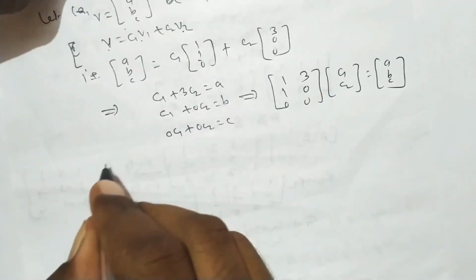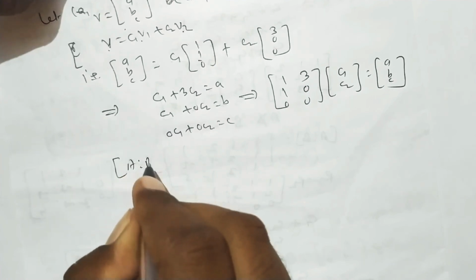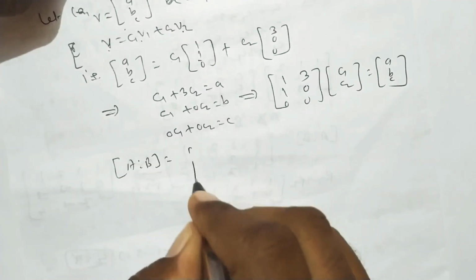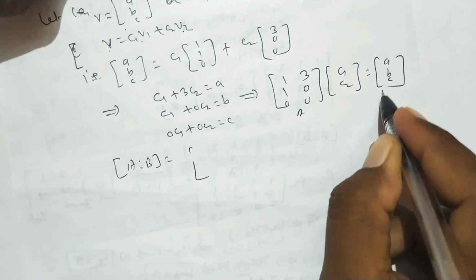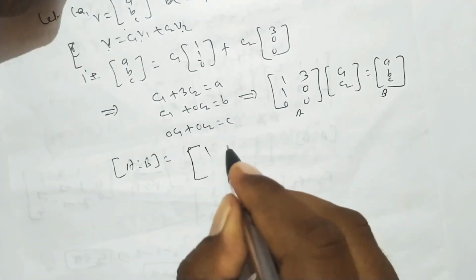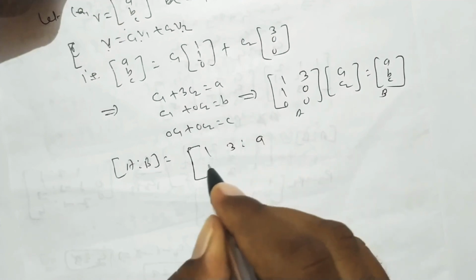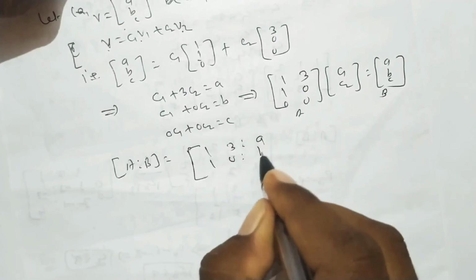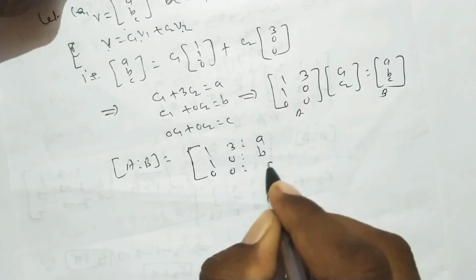Okay, and from this if we consider the augmented matrix AB, the A matrix is this and the B matrix is this, then we have 1 3 a, 1 0 b, and 0 0 c.